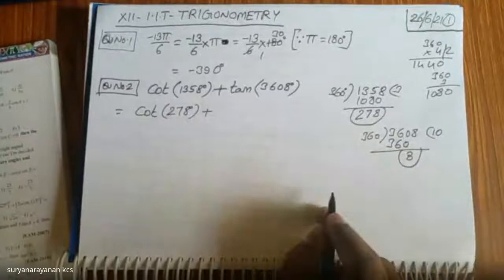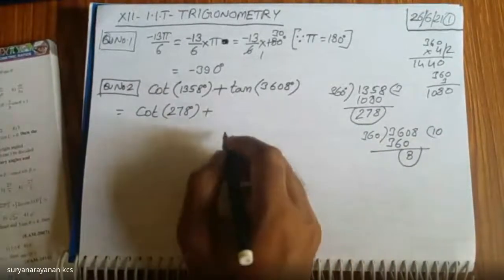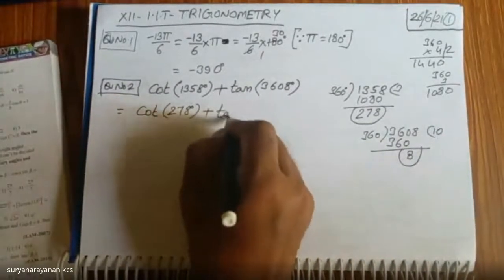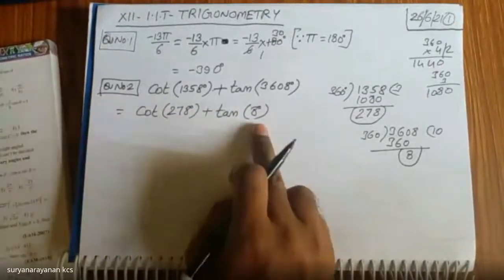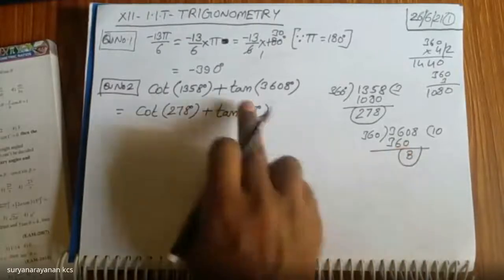So 8 is the remainder. Understood this step, my dear children? Yes, sir.